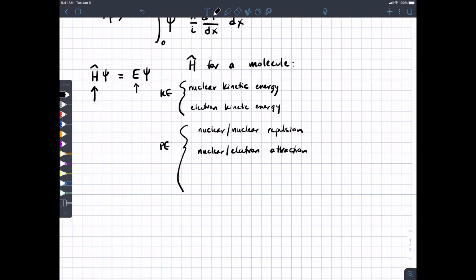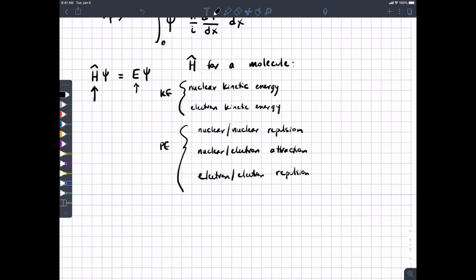And then you have to deal with, and this can get tricky, electron repulsion, which sort of requires you to know all of the positions of all of the electrons always, but then they influence each other's positions. So how are you going to deal with that? And that's why you can't get an analytical solution to the wave function for anything more complicated than a hydrogen atom with one electron.